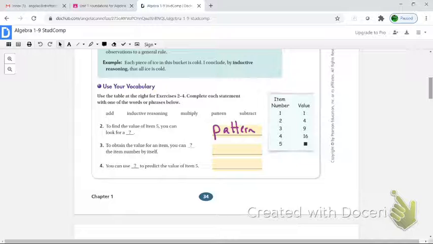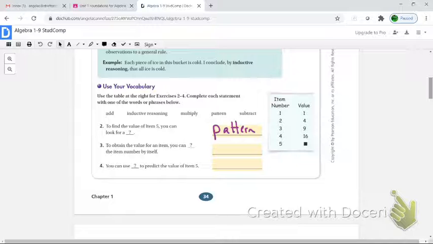And then to obtain the value for an item, you can the item number by itself. So would you add, inductive reasoning, multiply, pattern, or subtract?